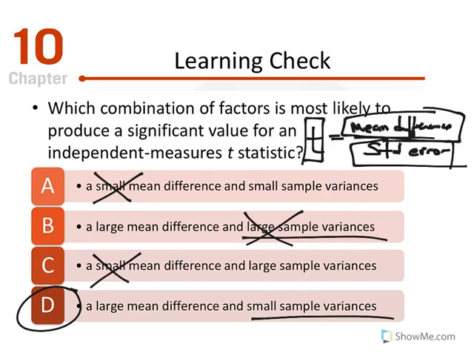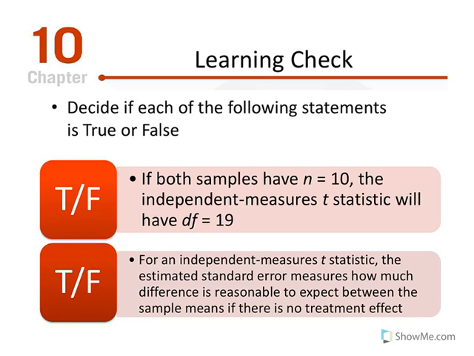And higher t statistics mean that we are more likely to fall in the tails of the distribution, enabling us to reject the null hypothesis. So to summarize, the researcher hopes for large mean difference and low variability. And as researchers, we can have some influence on variability by increasing the sample sizes that we use to test our hypothesis.